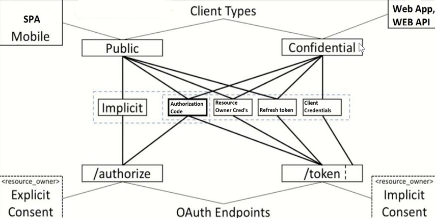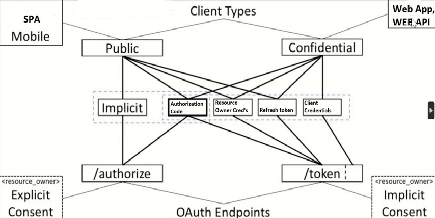Apart from that, there's one more thing which is highly recommended, which is client credentials, because you can very securely save your application's client ID and client secret on your web server. Your web server runs on a server machine, no user has access to it, nobody can access it.